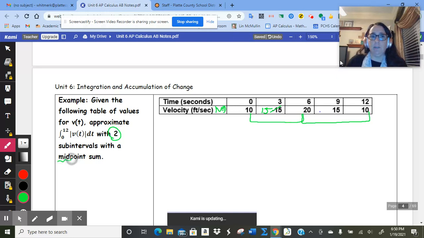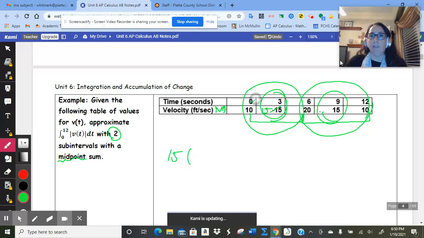And it wants to use the midpoint. So here's the first one I'm going to use, and here is the second one I'm going to use, and I do the midpoint of that. So this midpoint is 15, but the change is 6. This midpoint is also 15, and the change is the 6.